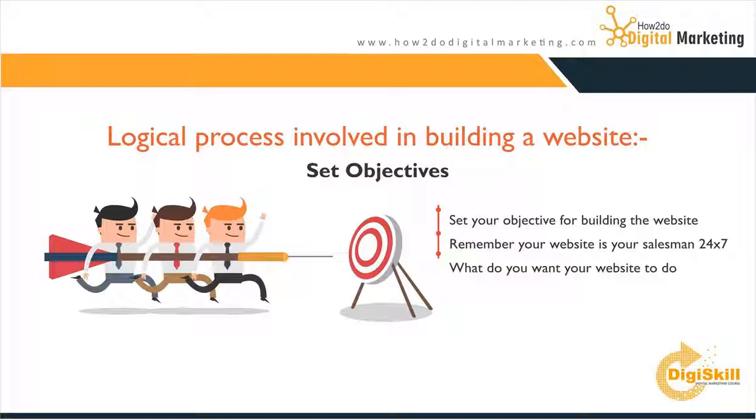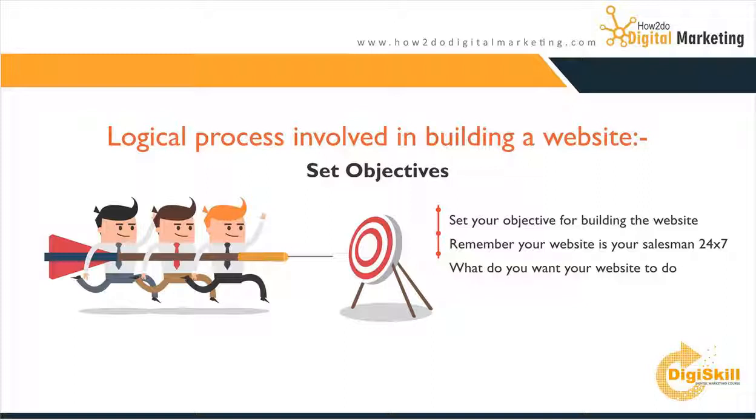The first process is to set the objective of building a website. Remember, like I mentioned earlier, it is your salesman. So you need to be clear, what do you want your salesman to do? A lot of people say that they want their website to simply communicate what they do.